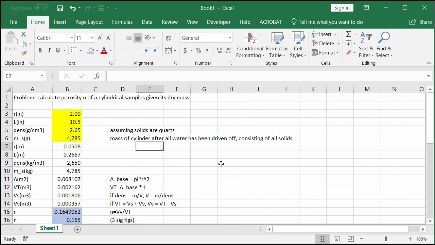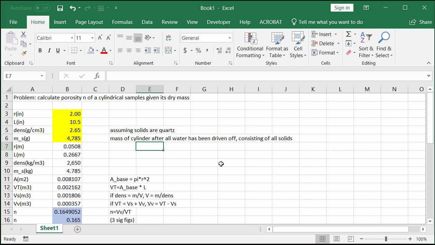You can send this to someone who asks, hey, how do I calculate the density? How do I calculate the porosity of a sample that I dry out in an oven? You can send them this and they can read it and make sense of it and figure it out. So the key idea here in terms of best practices is to provide lots of comments.